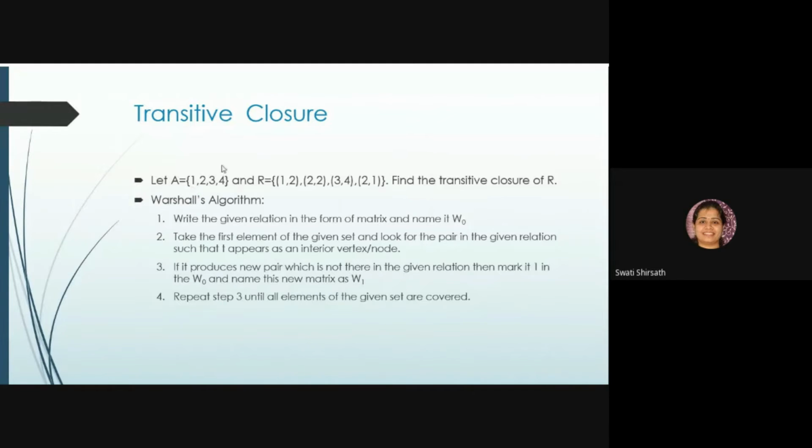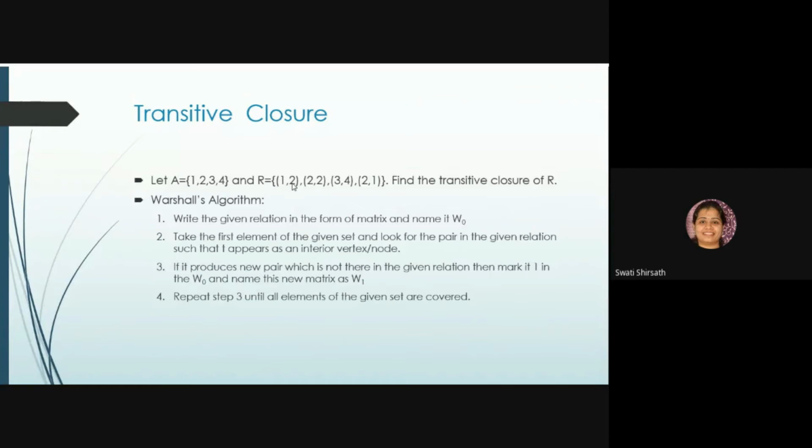Suppose 1 to 2 is there and 2 to 2 is there, the transitivity gives 1 to 2, but 1 to 2 is already marked as 1 in your matrix, so you need not make any changes.